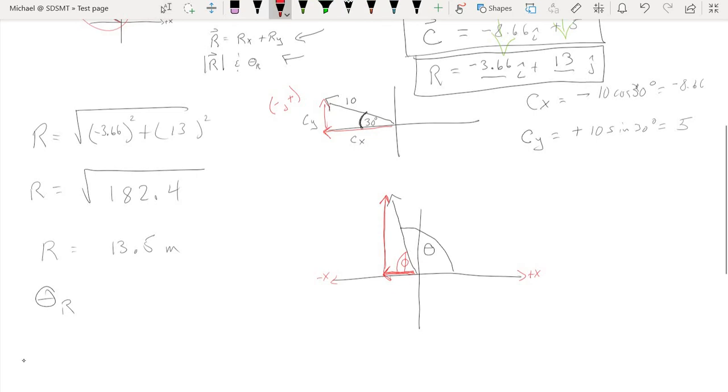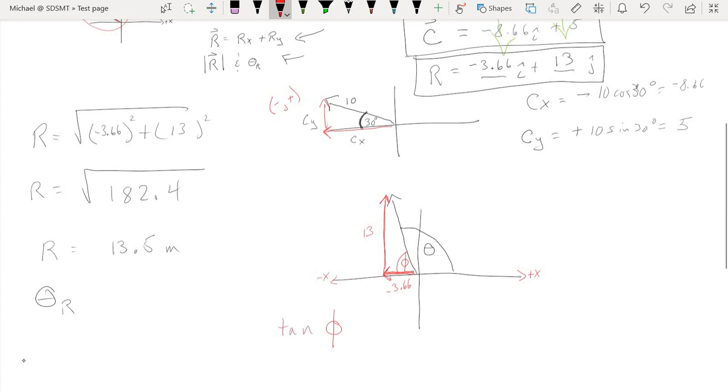I want to know what this angle phi is, and I can do that by taking the values of the x and y components and plugging them into an inverse tangent expression.